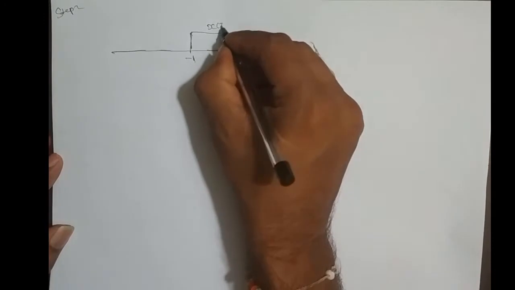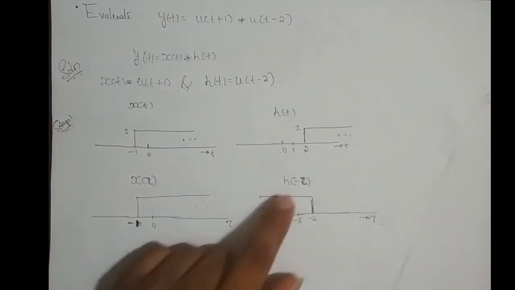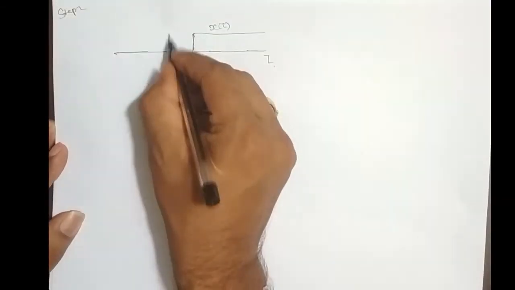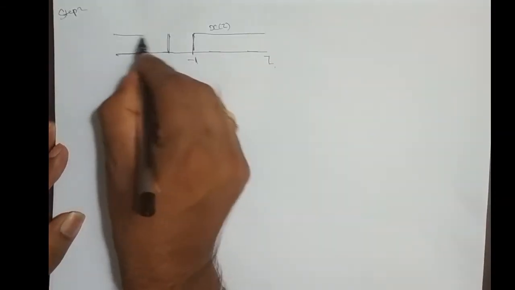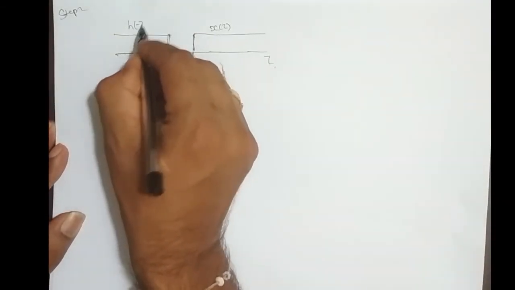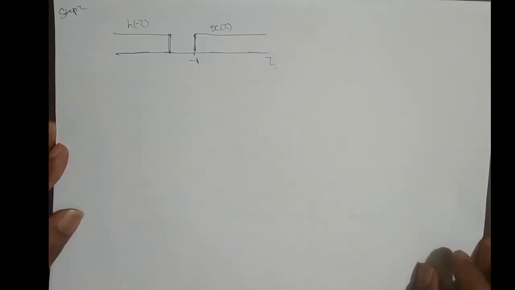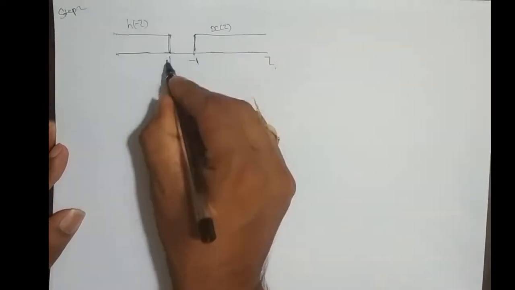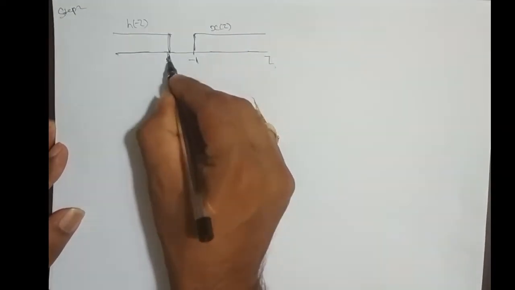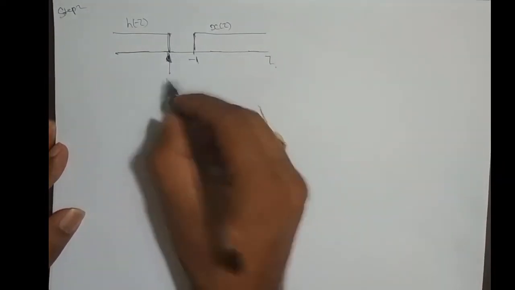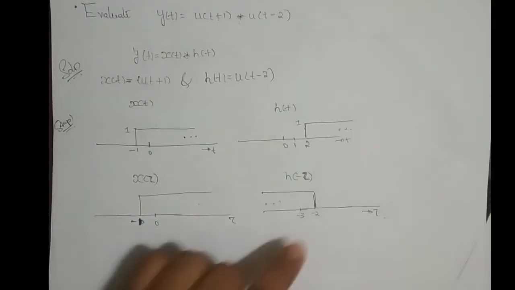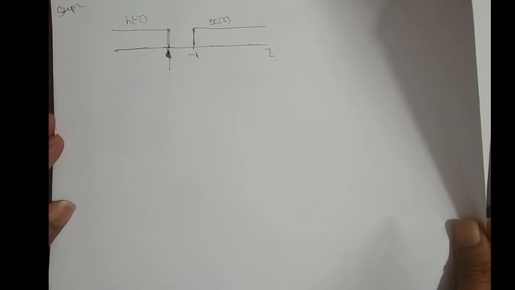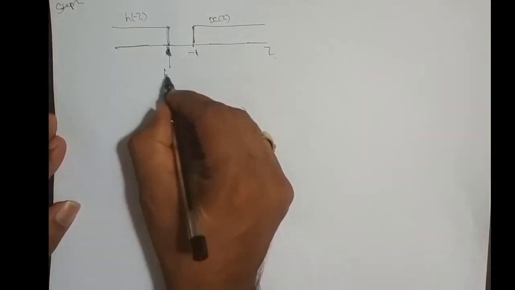So we have h of minus tau, which started from minus 2. We will just keep h of minus tau just before x of tau, and the controlling slider is this. The slider index depends upon where this is. This point is minus 2. Therefore the controlling index is t minus 2.